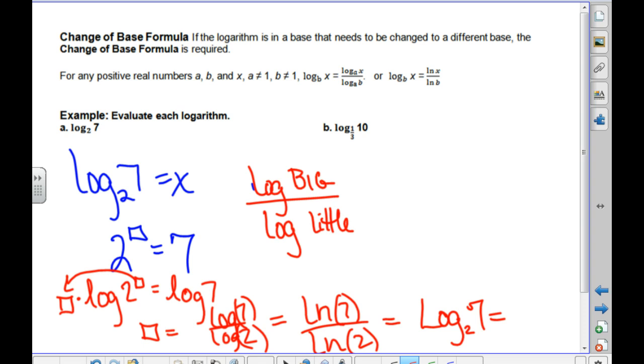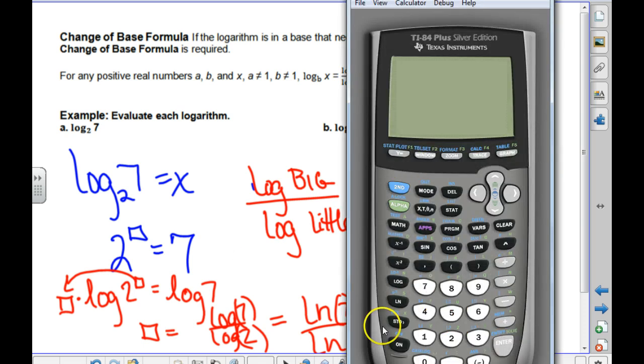And let me open my little Webbit up here. All right, so I can type log 7 divided by log 2. Got to close the parenthesis at least on the top, and I get 2.807. If I type natural log of 7 divided by natural log of 2, I get exactly the same thing.